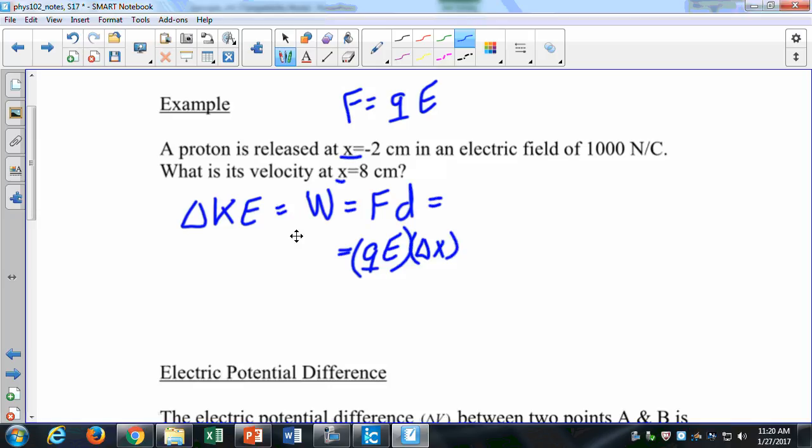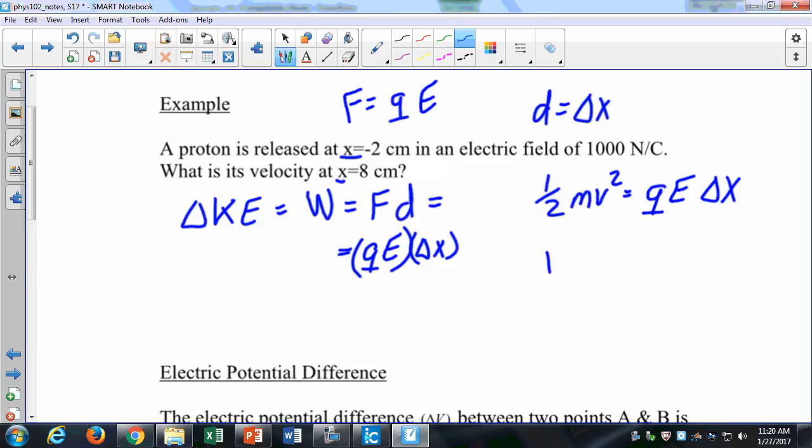D is the same as delta X. And so now I can figure out the change in kinetic energy. I can say that 1/2 mv squared is equal to Q E delta X.